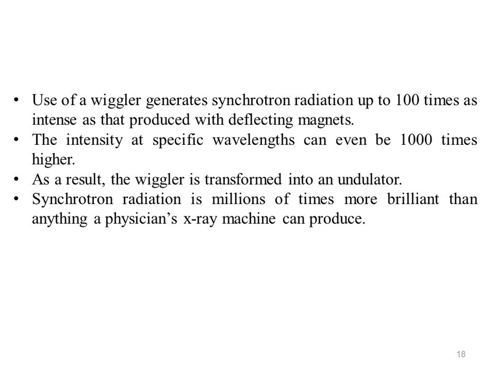In a certain mode of operation, the intensity at a specific wavelength can even be 1,000 times higher because the wave trains reinforce one another. As a result, the wiggler is transformed into an undulator.